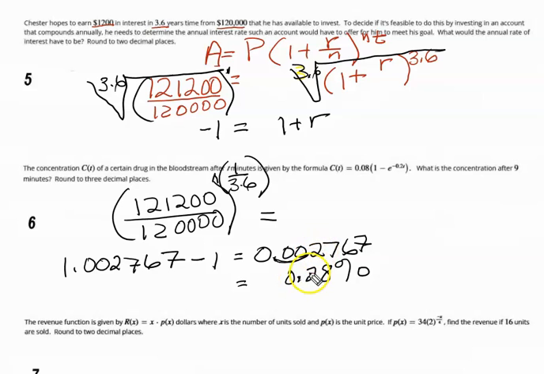I get 2 then. This is 7, but I have to go to the 3rd decimal place, which is a 6. So I'm going to make this 7 and 8, and there is my answer. Now, you could put this in this original formula here, raise it to this, and you should get this number here as the future value. I'm going to do that now just to try it out.